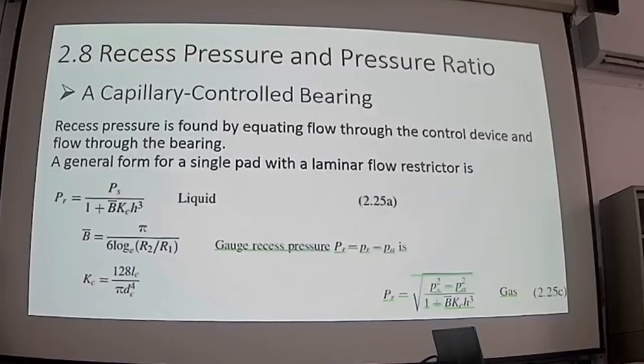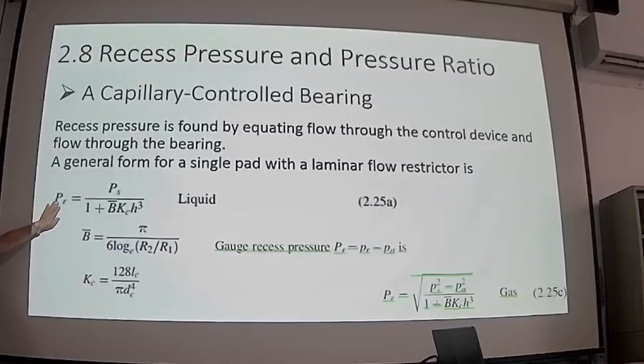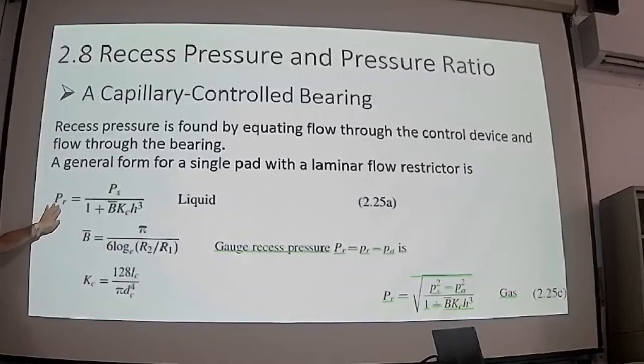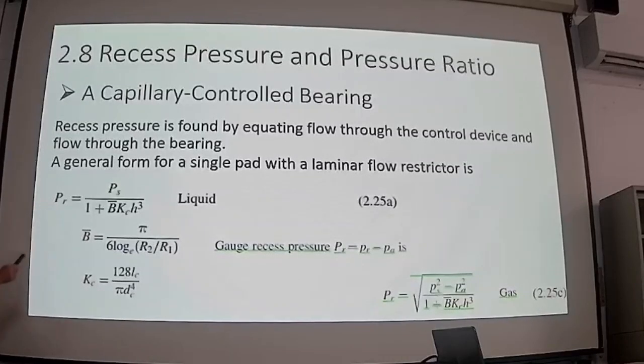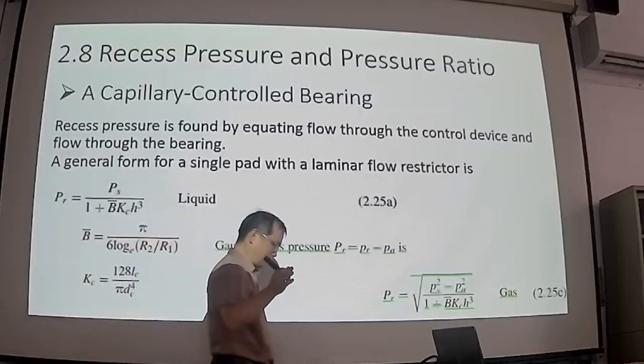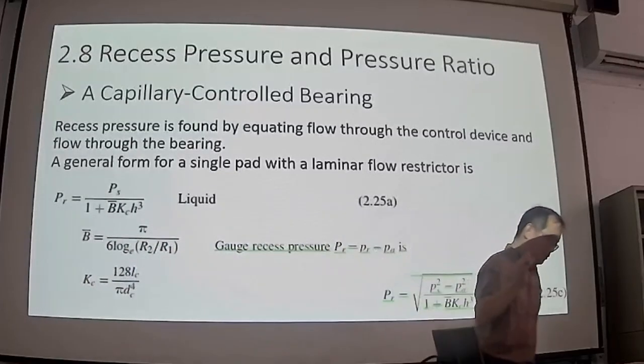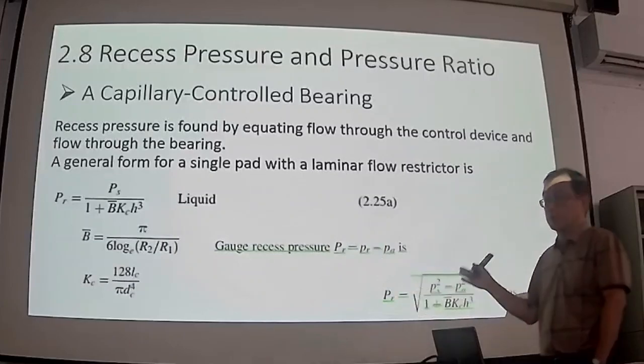Here we could derive some of the formulas for PR with a different restrictor. In this case, it's the capillary restrictor. Next we will calculate the PR for the slot restrictor.